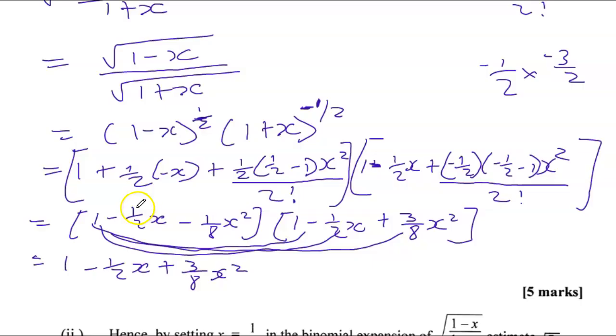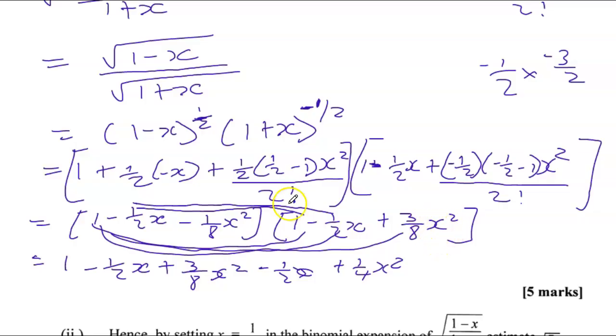Negative half x times 1 is negative half x. Negative half x times negative half x is positive quarter x squared. Negative half x times the x squared term gives an x cubed, which we don't want, so we don't need that term.